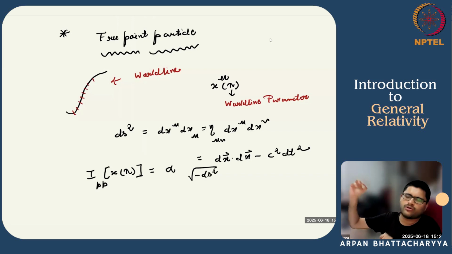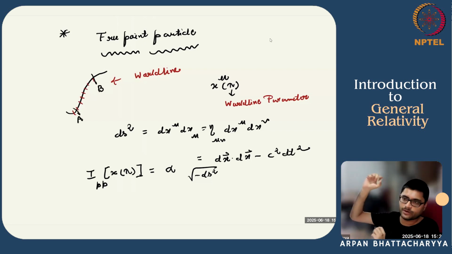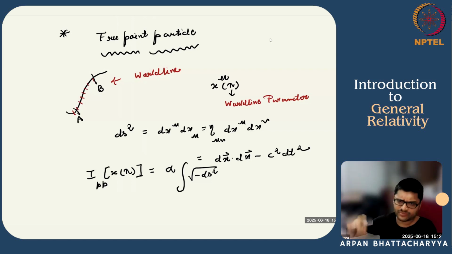Now you can consider any two arbitrary points, let's say A and B, not necessarily separated by an infinitesimal distance, but they can have a finite distance. So you have to integrate over the entire pathway from A to B, which gives the length between any two points separated by a finite distance.